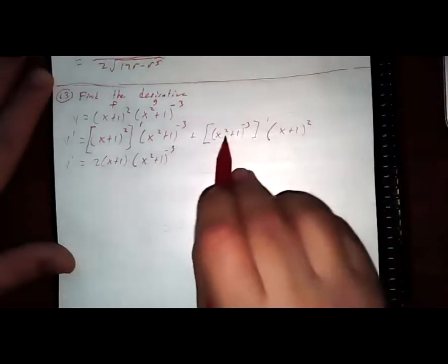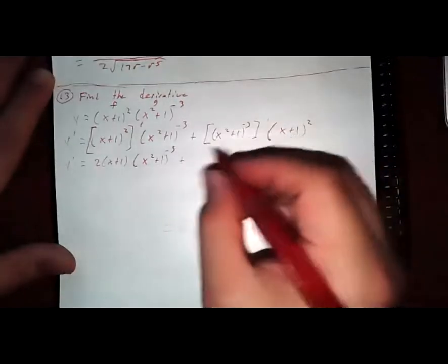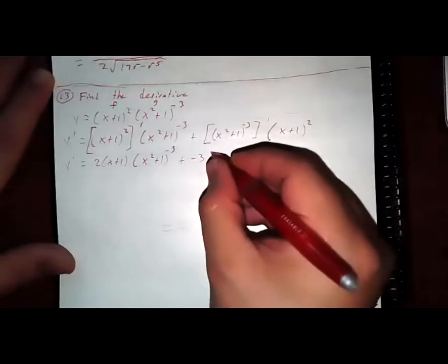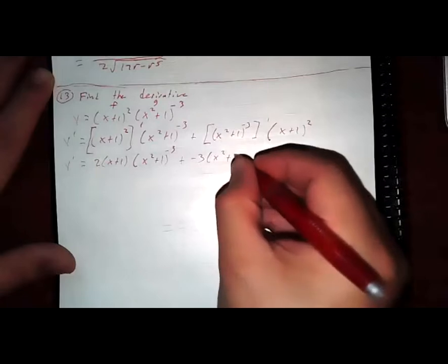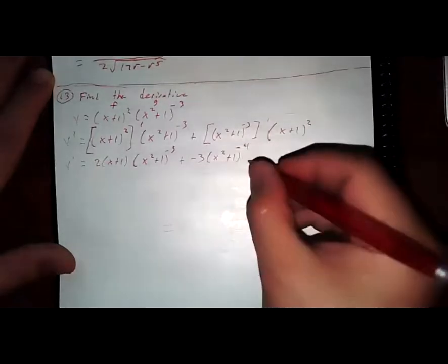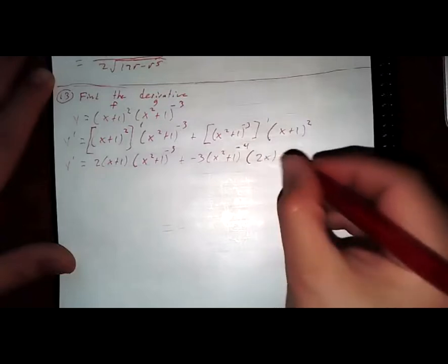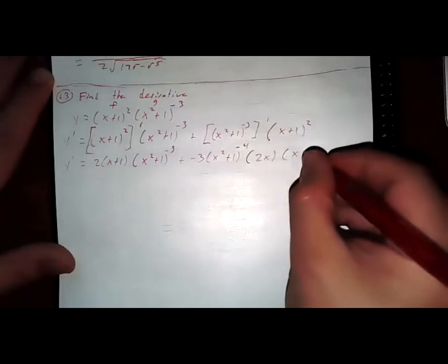Over here, this inside is x squared, so it's not going to be just a 1. So you're going to bring down the -3, subtract 1, so it becomes a -4 times the derivative of the inside, which would become a 2x. And this piece is just chilling here.